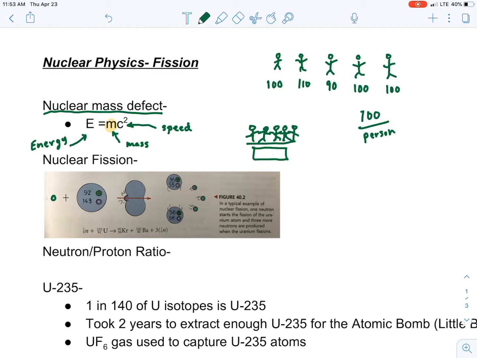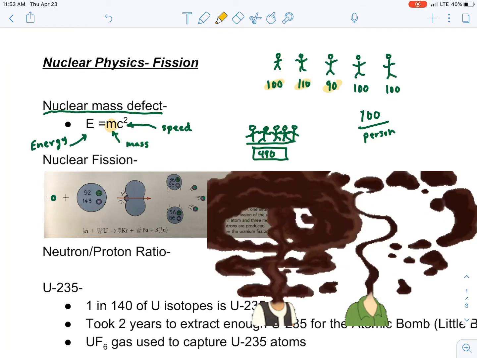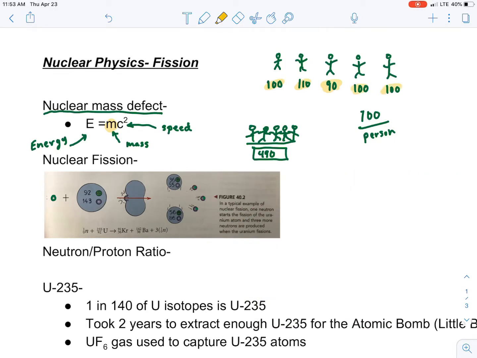No. The weight didn't come up as 500. The weight only comes up as, I'm just going to make up a number here, 490. Right? Oh my gosh. Did I weigh them wrong originally? No. Did I weigh them wrong at the end? No.